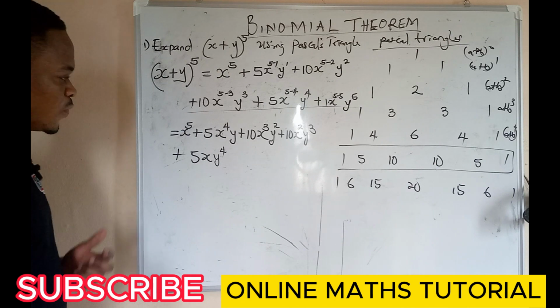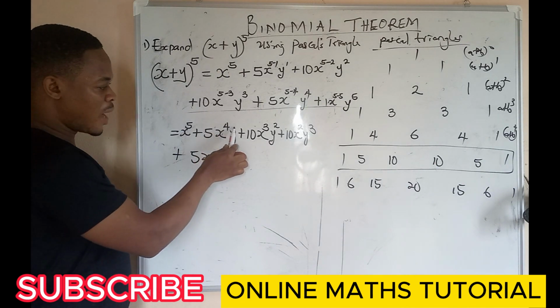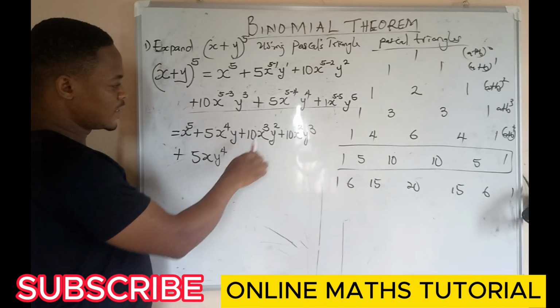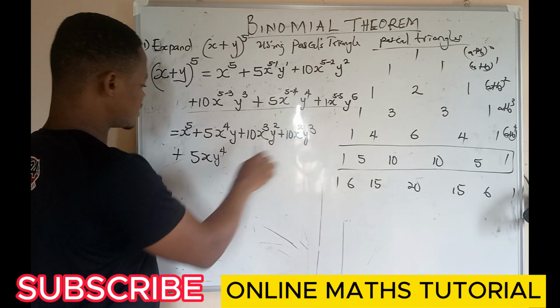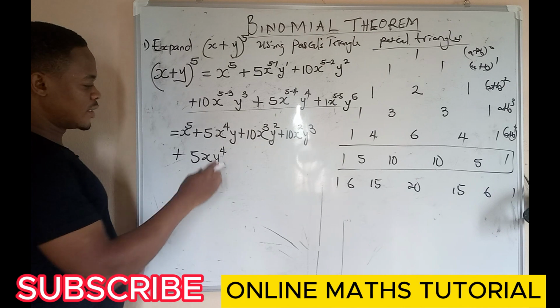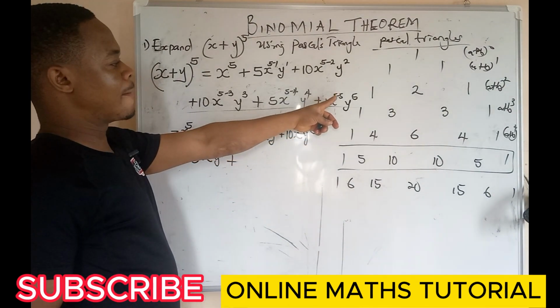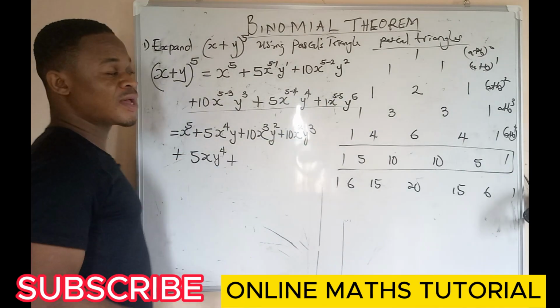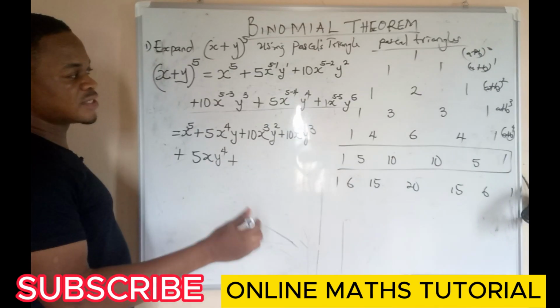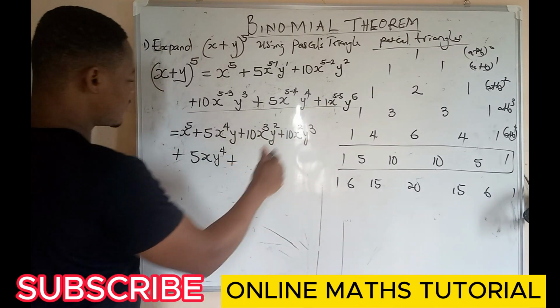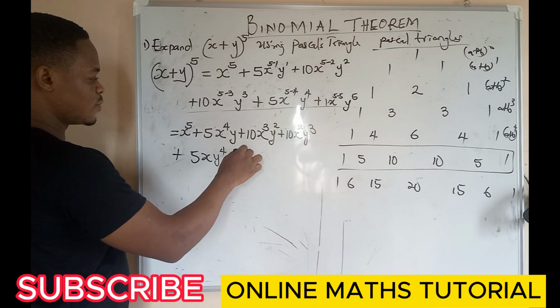So when you look at this, you find out that if you add the powers, they will definitely give you 5. 4 plus 1, 3 plus 2, 2 plus 3, 1 plus 4, and the last one, which is x raised to power 5 minus 5, x raised to power 0, and x raised to power 0 is 1. Any value raised to power 0 is 1. So you'll be left with y raised to power 5.